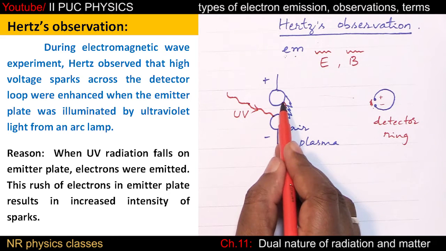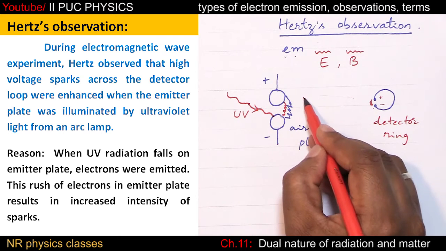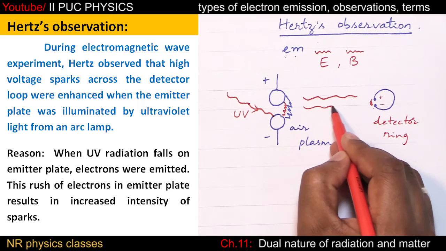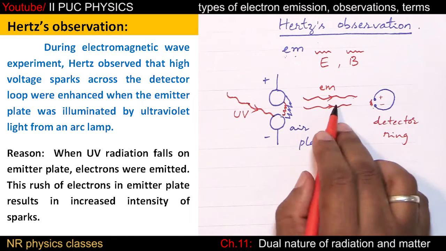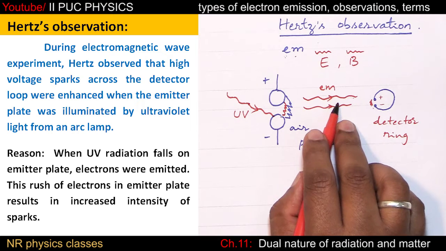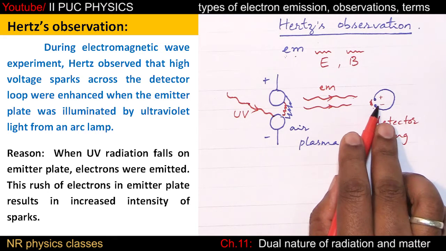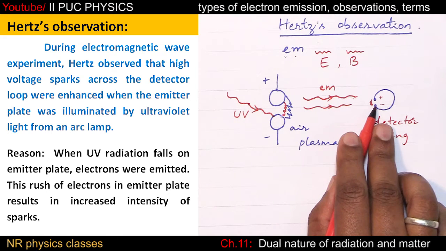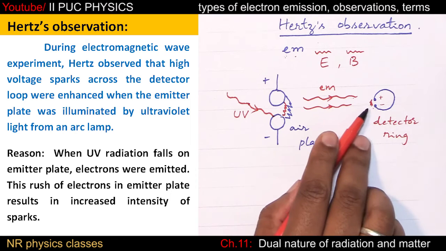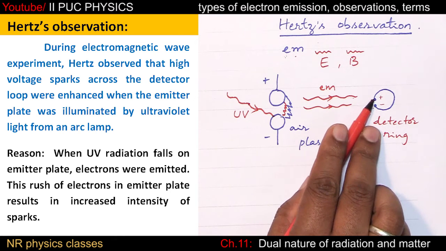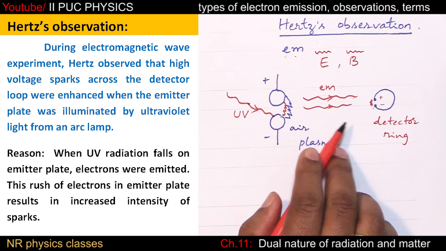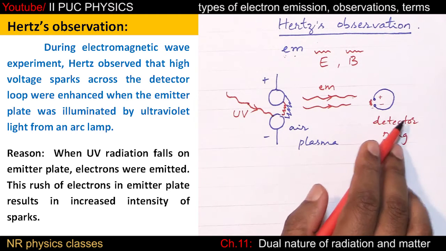That means more intense electromagnetic radiation is emitted, which could induce a higher potential difference between these two. That is why more electrons could jump from one sphere to another. It's like a chain reaction.